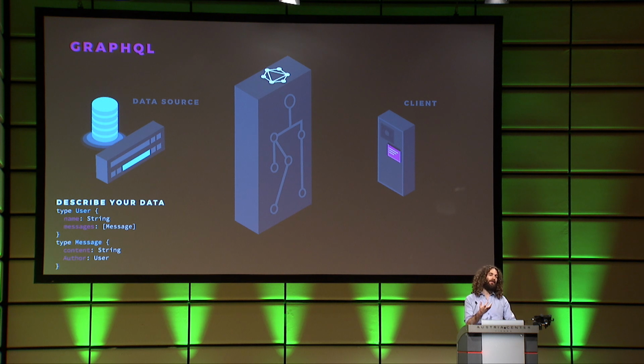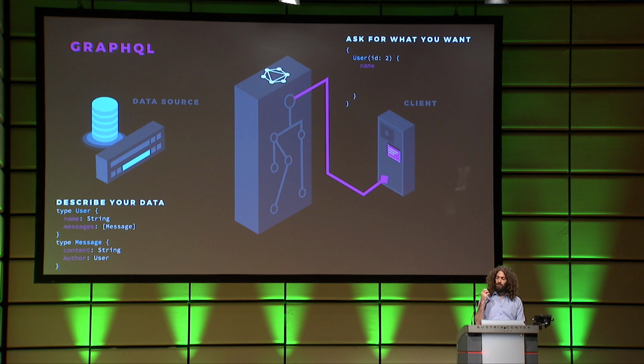So just by that, this GraphQL engine can understand a lot and can give you a lot of possibilities. The next thing that happens is that on the client, I can ask for just some specific thing that I need. Let's say a specific user and its name.